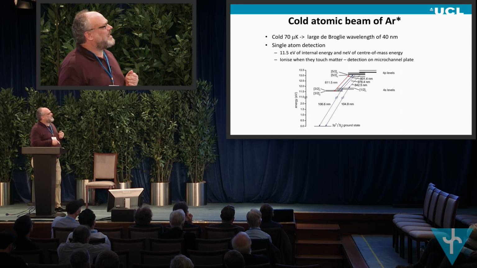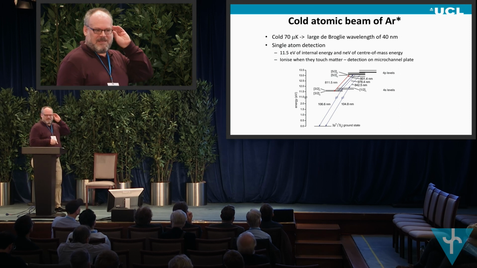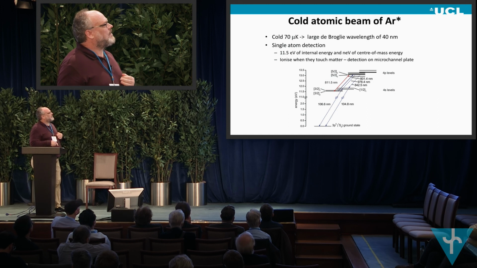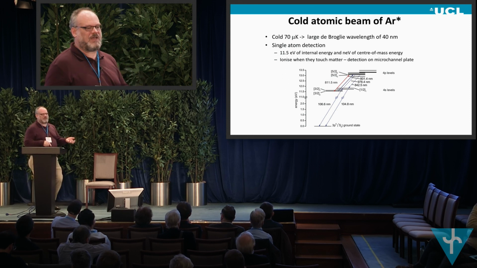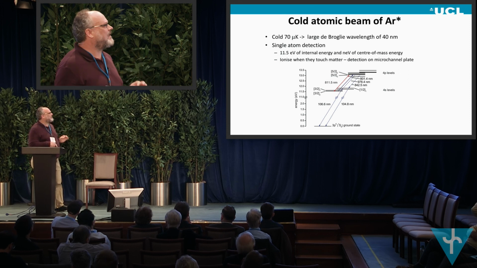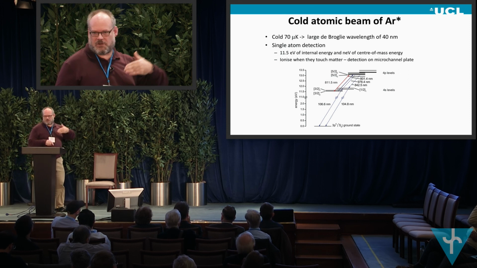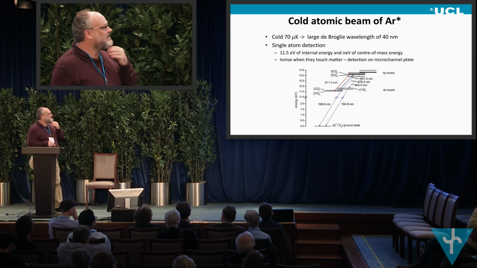But of course, their center of mass energy starts off at sort of nano eV, which is useful for the interferometry. And the important thing is when they touch the detector, they just ionize, and so we can detect one at a time. That's really what makes argon and a few other species quite useful for these sorts of experiments.